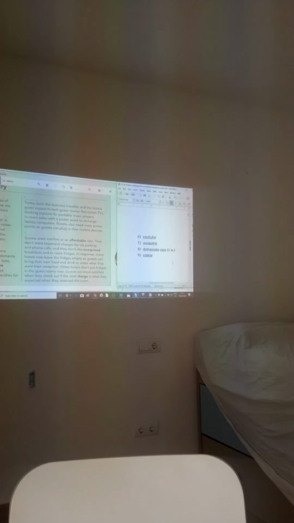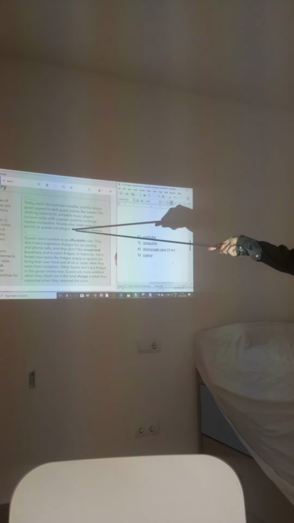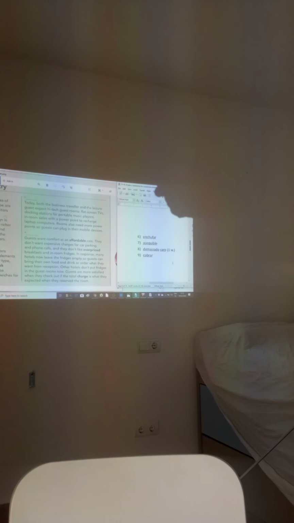Right, press pause if you need more time. Enchufar. Obviously this needs to be close to the PowerPoints. So this can plug in, okay? Plug is the enchufe as well.